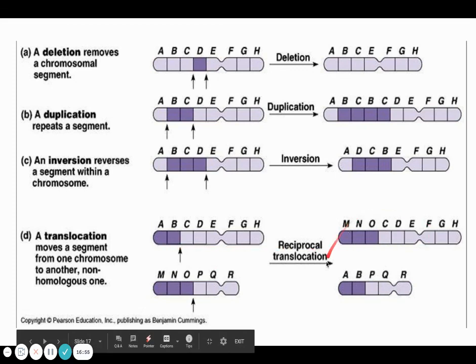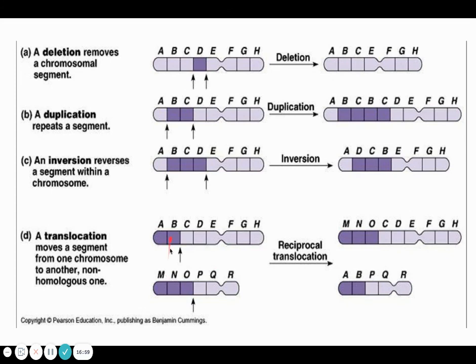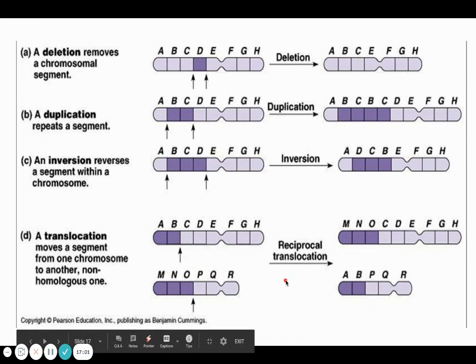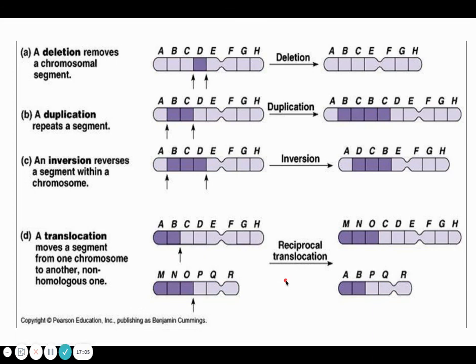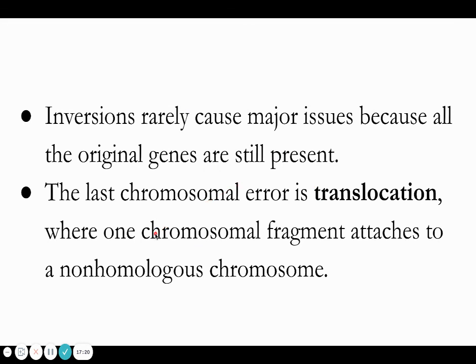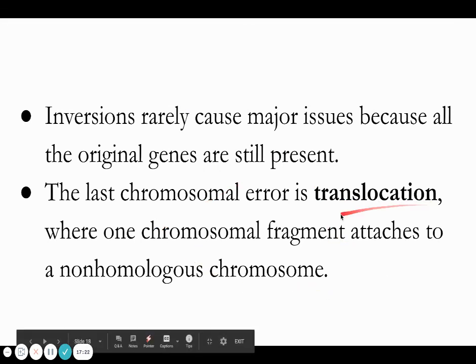So you end up affecting 2 separate chromosomes with this switch, because you switched these portions of these chromosomes. And because they're not homologous, because remember, in crossing over, we want that to happen, right? We want homologous chromosomes to swap information. We don't want non-homologous chromosomes to swap information, because it's not the same information. So you end up affecting 2 chromosomes. So that's translocation.